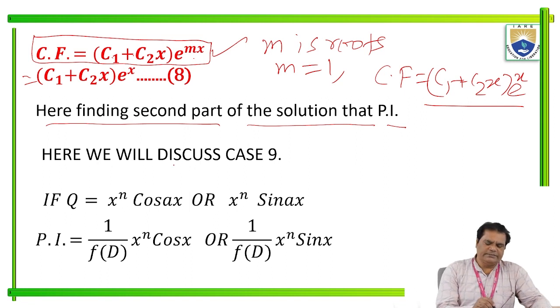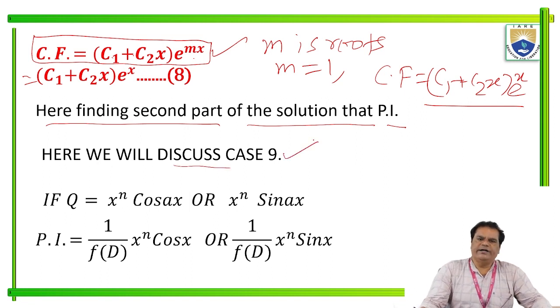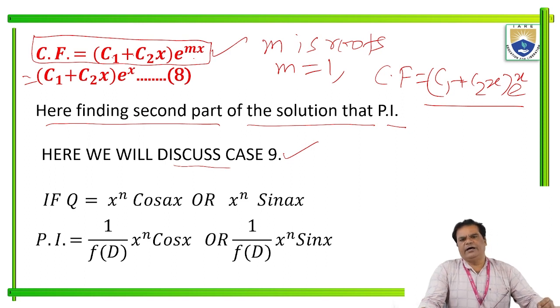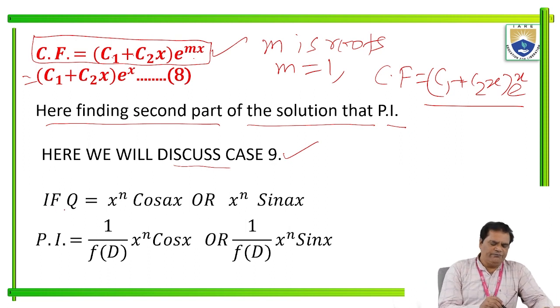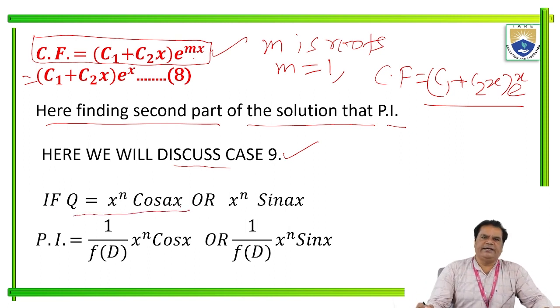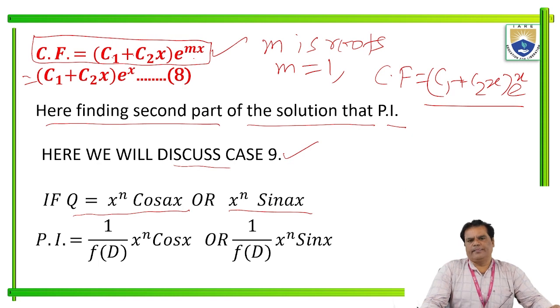Here we will discuss case 9. What is case 9 in particular integral? What are we doing in case 9 to find the particular integral? If Q is x to the power n cos ax or x to the power n sin ax, these two conditions only, no other result is allowed here.